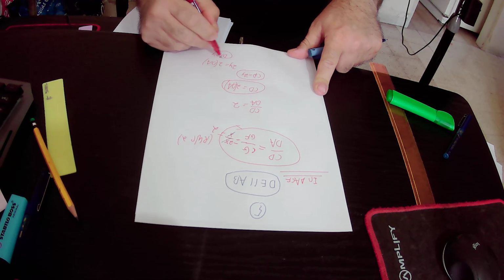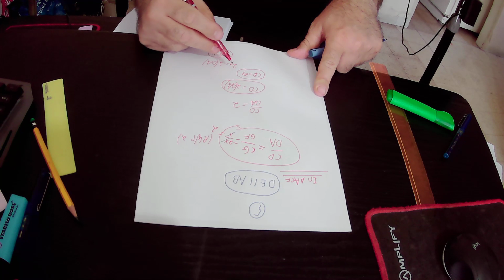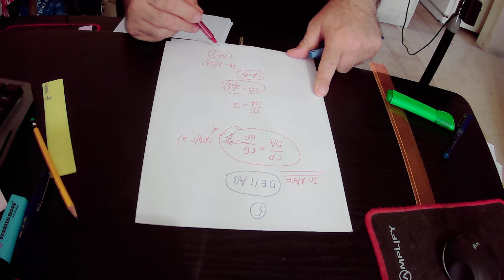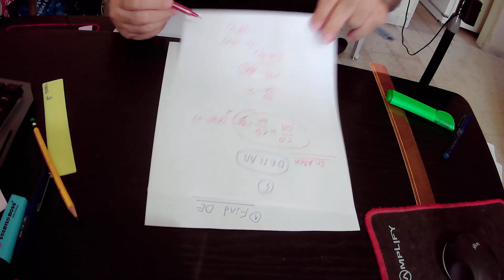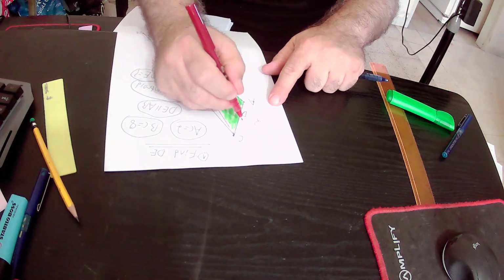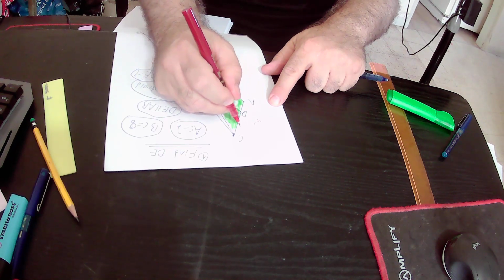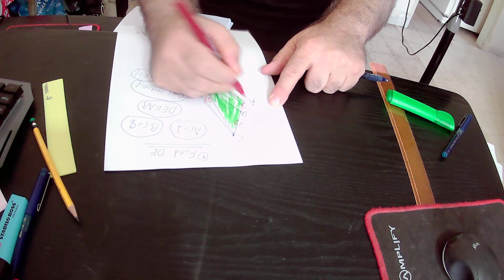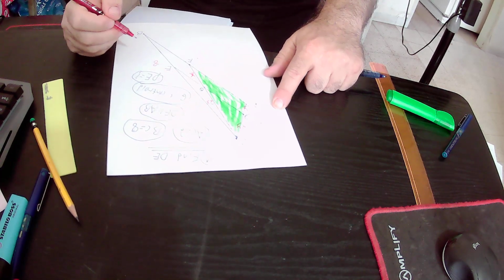So we found out that if CD equals 2y, then DA will be equal to y. Okay?